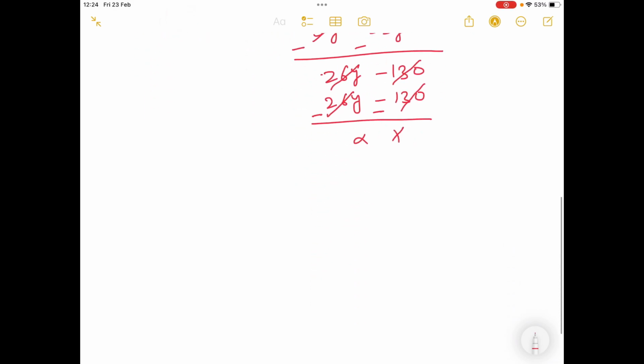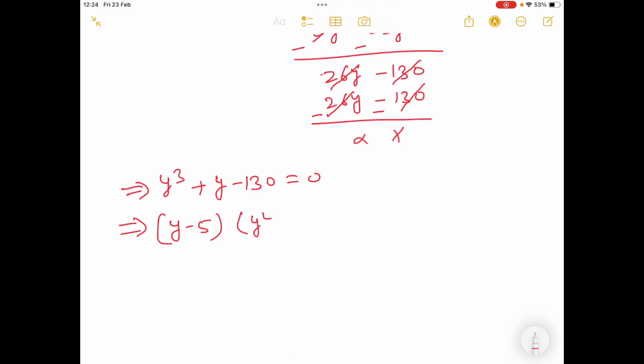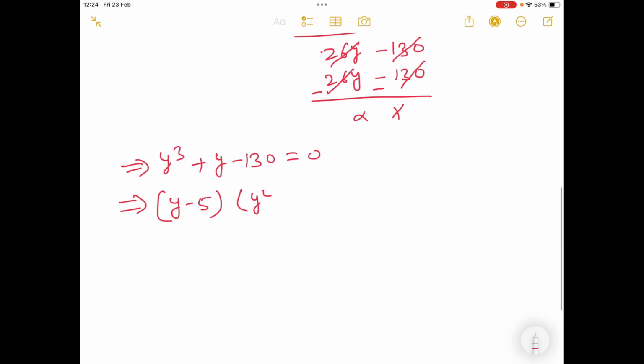Then we can say that y cube plus y minus 130 is equal to 0 can be factorized as y minus 5 and y square plus 5y plus 26 is equal to 0.